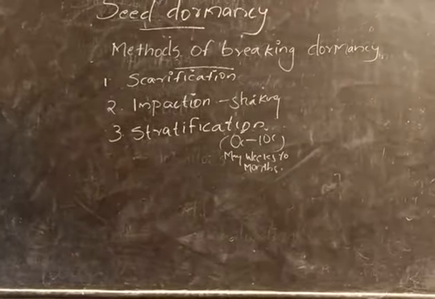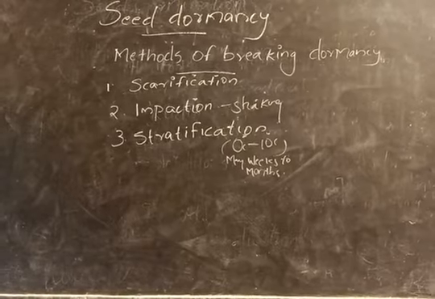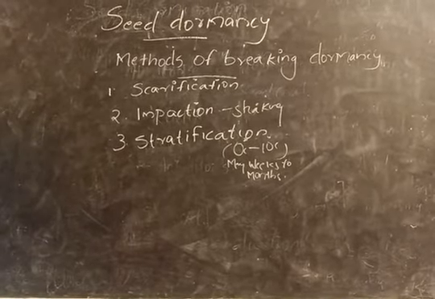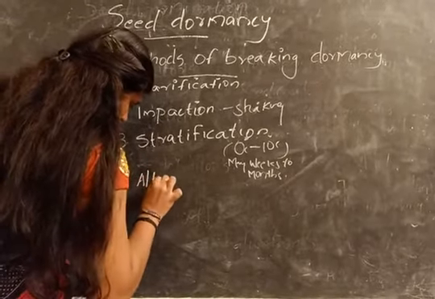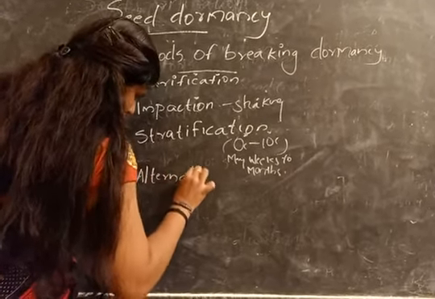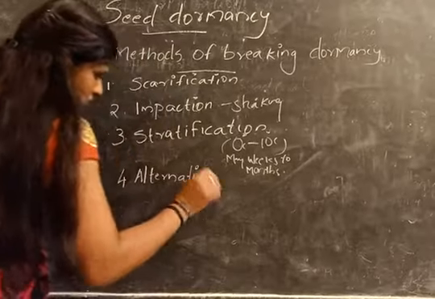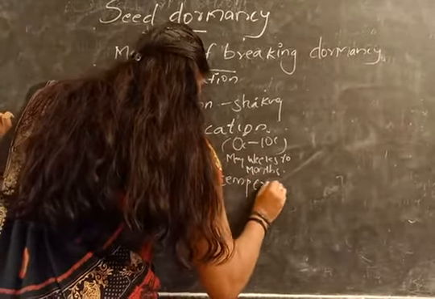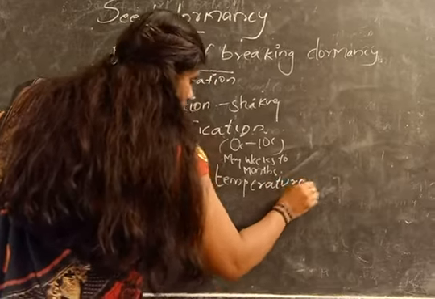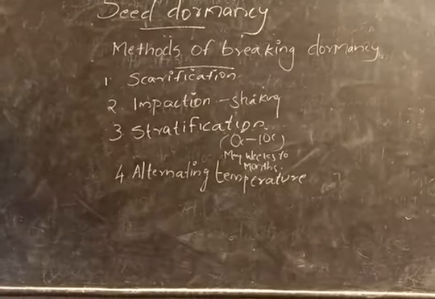This is called stratification. And the fourth one is alternating temperature.